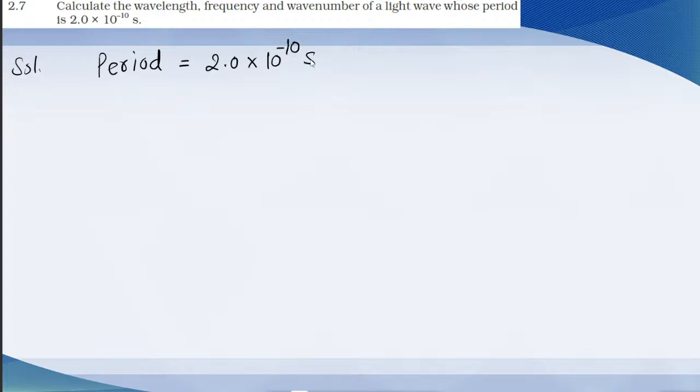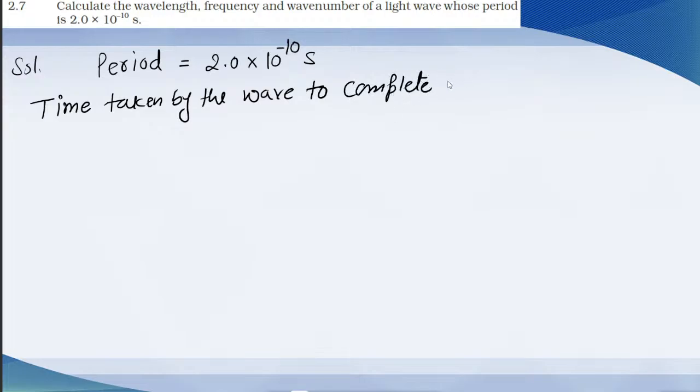Time taken by the wave to complete one cycle. That is called period.